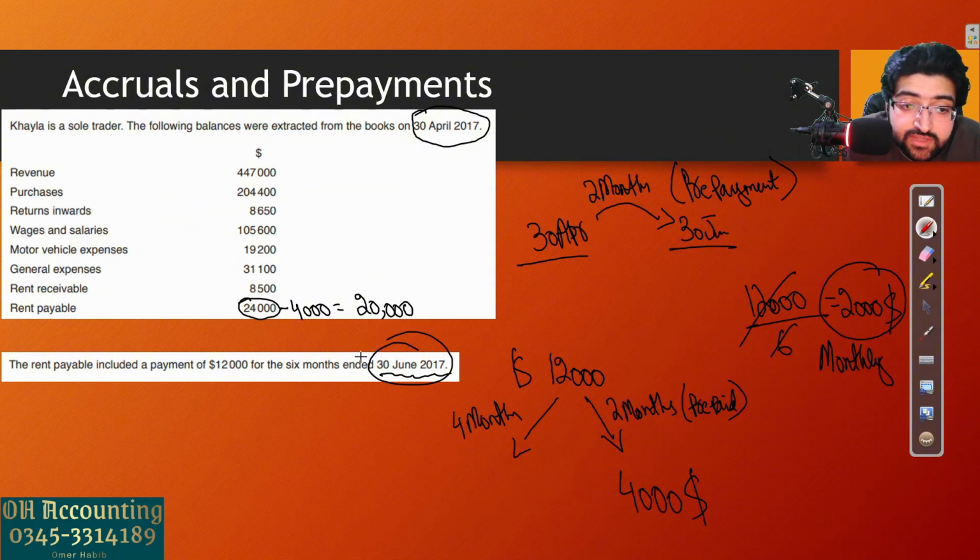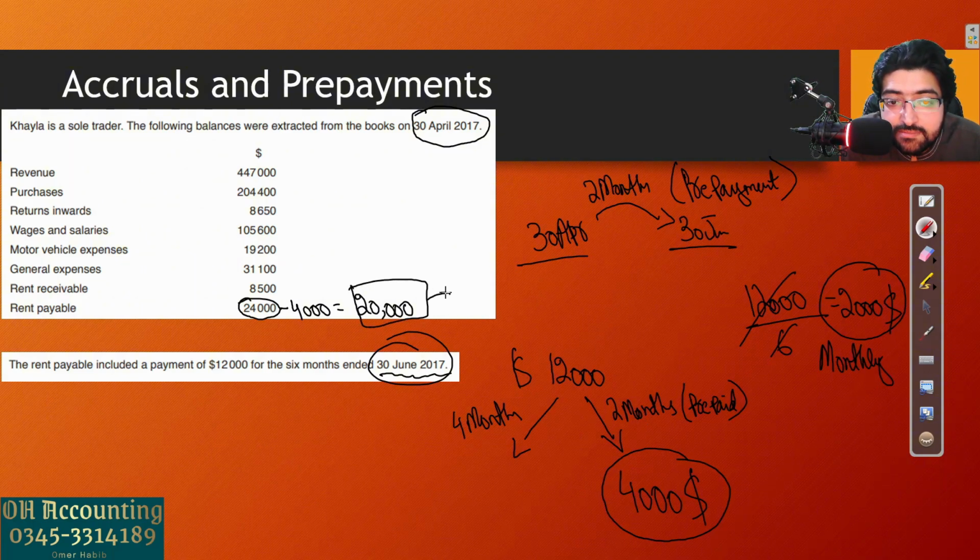Okay, out of this 24,000, 4,000 is paid for in advance for the coming year, and we have worked that out. So only 20,000 belongs to the current year. So in the income statement we can only show rent expense as 20,000 and not 24,000. This is the adjustment that we have to make by reading only this information.